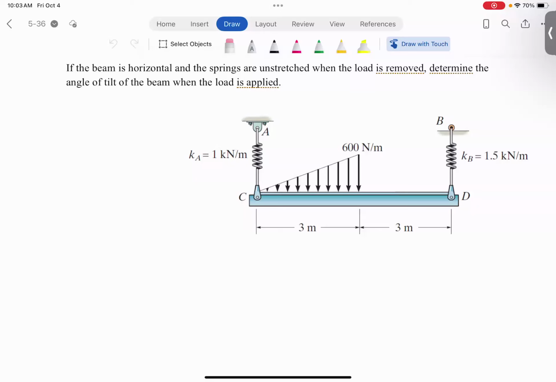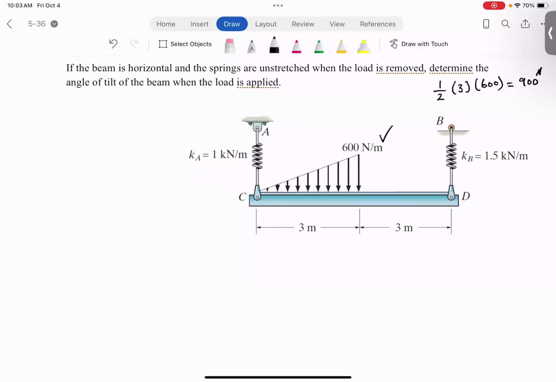As I said, the beam is initially horizontal, and the springs are undeformed. Then we apply the load here, 600 newton per meter, which I'm going to change to just a concentrated load. So you have to find the area of the triangle. Half base, 3 meters, times the height. That's going to be 900 newtons.